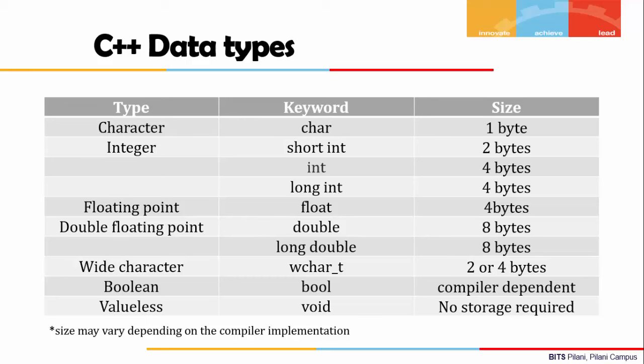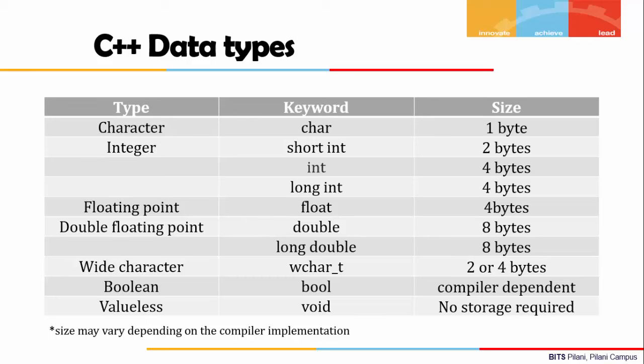The void data type is used for specifying an empty parameter list to a function and return type for a function. That is, for void, no memory is allocated and hence it cannot store anything. So when we use signed or unsigned modifier, it shows positive numbers or both positive and negative numbers.